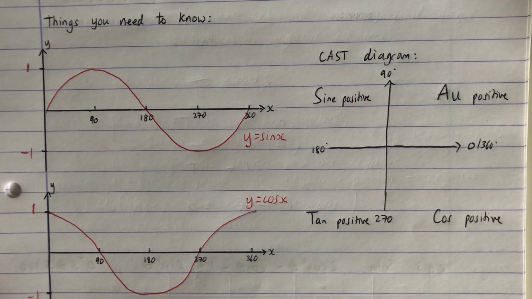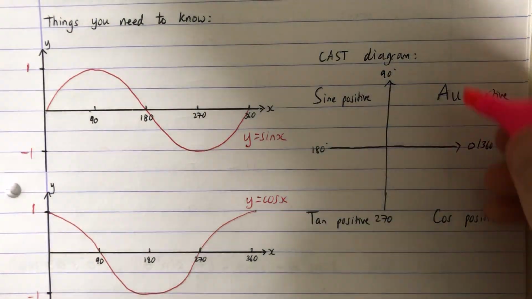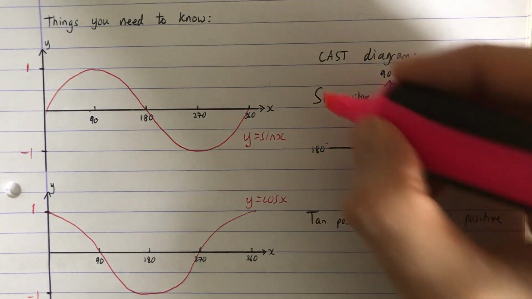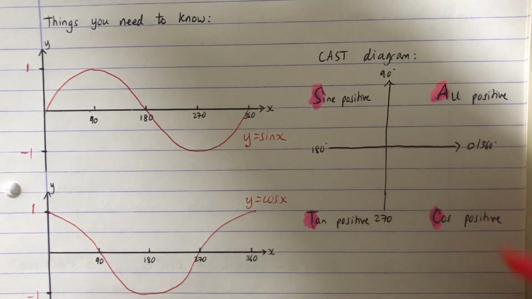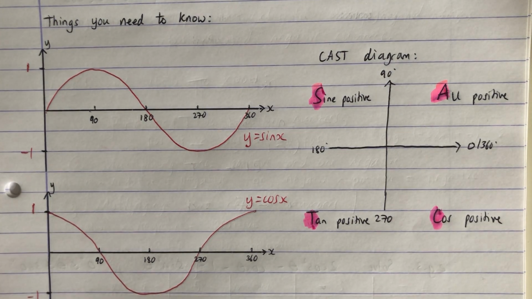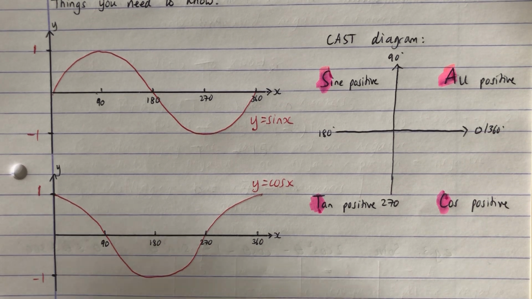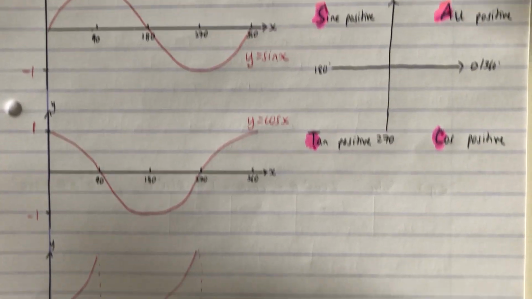We call that C, and then that is abbreviated to A, S, T, C, or all stations to Cardiff. You would have come up with your own mnemonic when doing this. That's used to solve equations rather than drawing out the sketches each time.